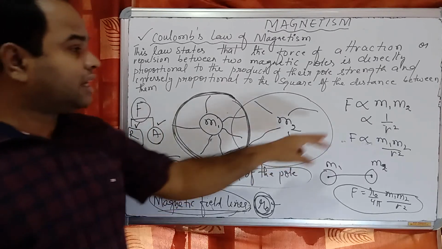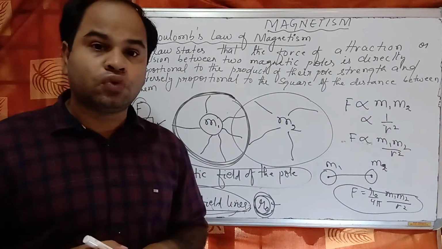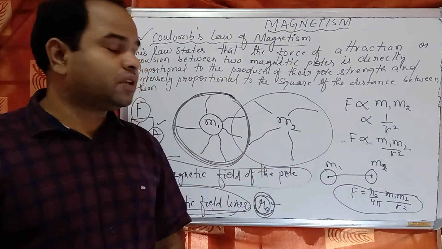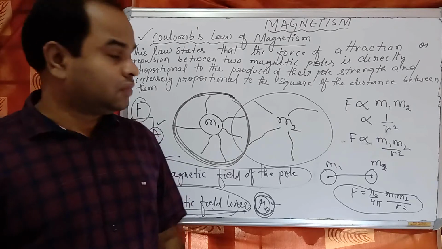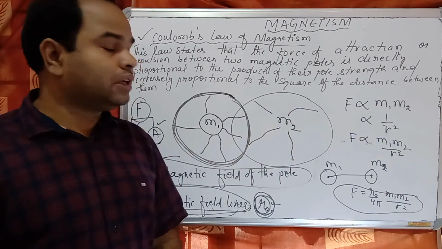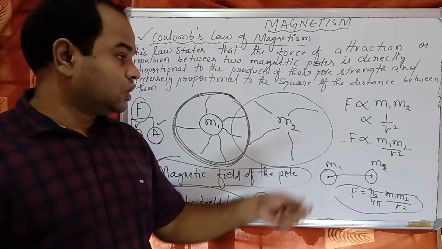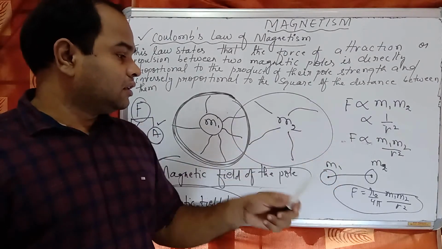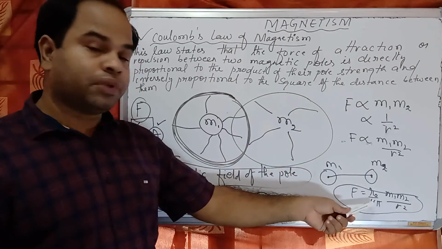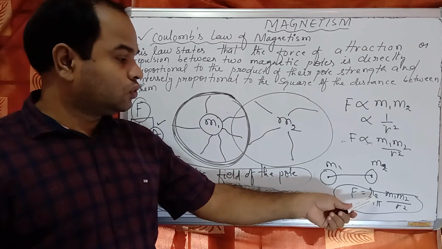This force is directly proportional to the product of the two pole strengths and inversely proportional to the square of the distance between them. So we write F is proportional to m1 m2 by r square. And the constant of proportionality is mu naught by 4 pi. So what is the net force?